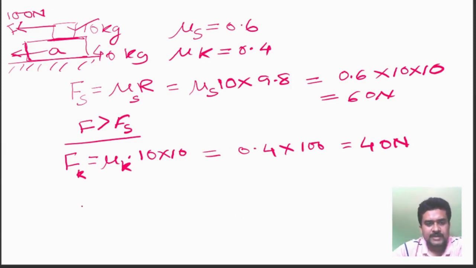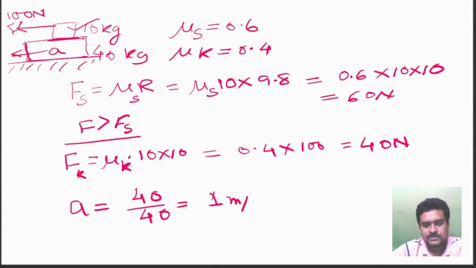So if you want to find out the acceleration, then simply you can find out like this. This 40 Newton of force is acting on the body and the mass is 40. So this is simply 1 meter per second squared. So this is how you can solve these types of problems very easily.